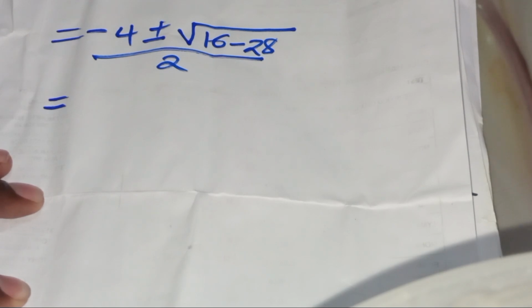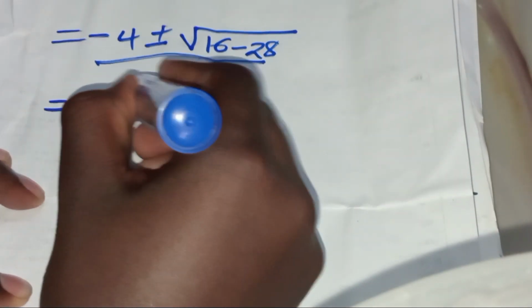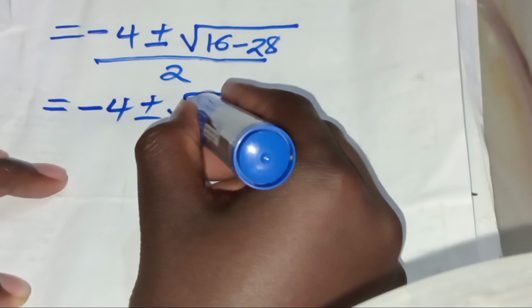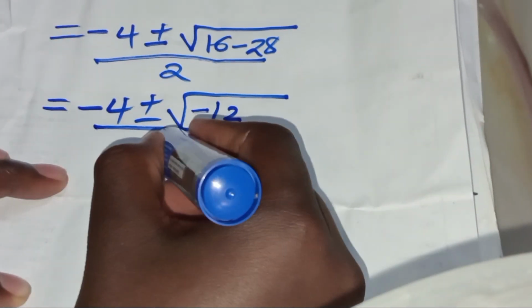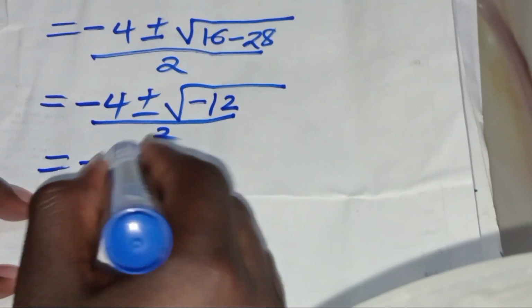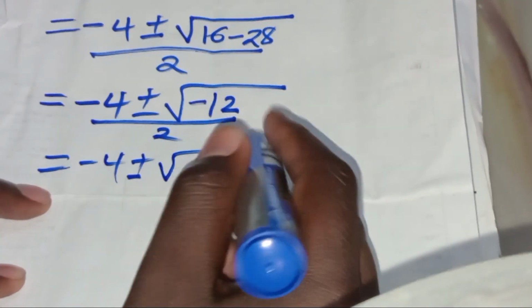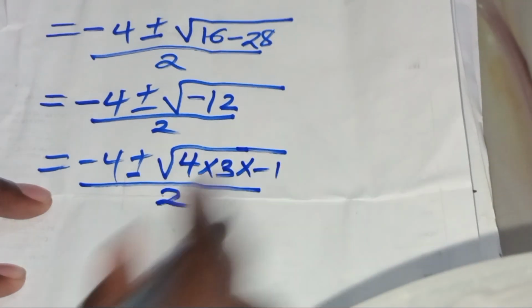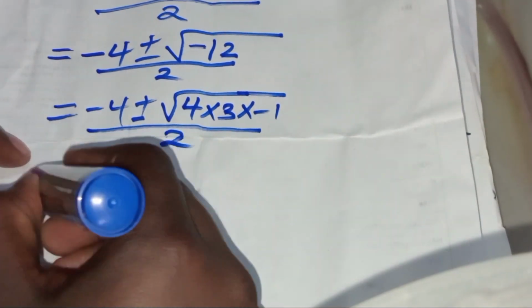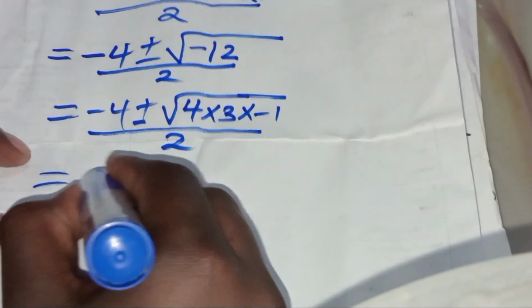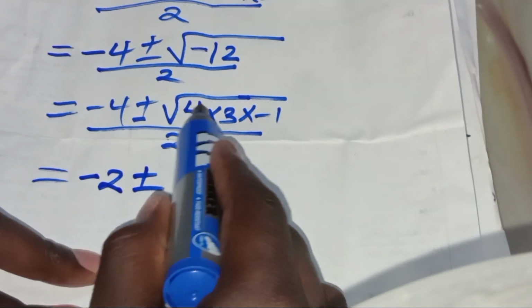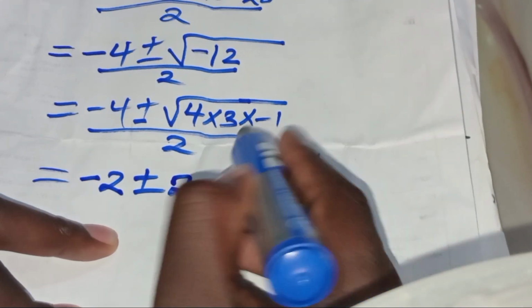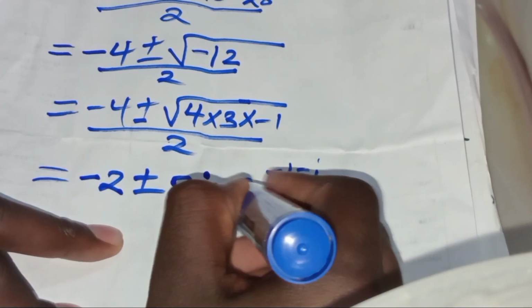The square root of 4 is 2, and the square root of negative 1 is i. So this is 2i sqrt(3) divided by 2.